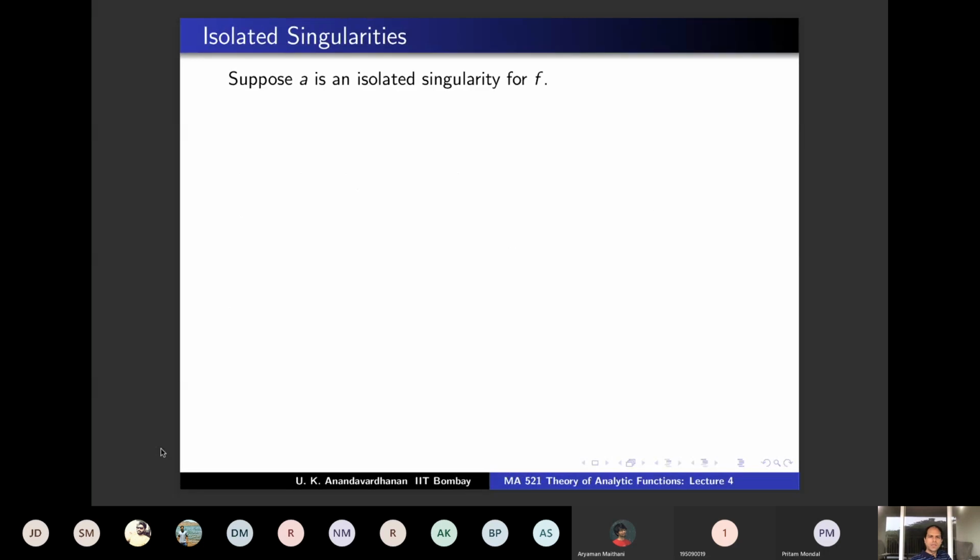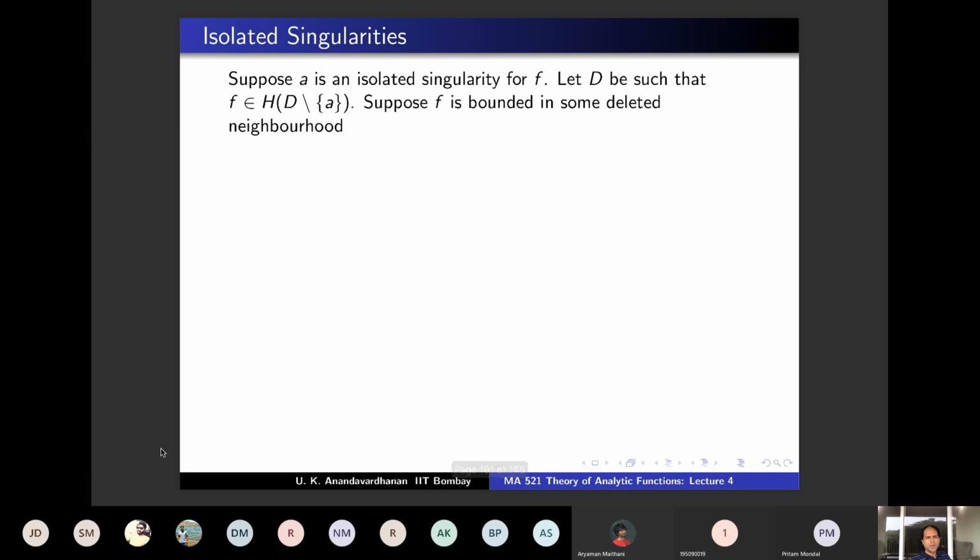Now suppose A is an isolated singularity for f, and let D be a small disk such that in D minus A, f is given to be holomorphic. Now suppose f is bounded in some deleted neighborhood. Deleted neighborhood means this, D prime A R, this prime is for deletion.